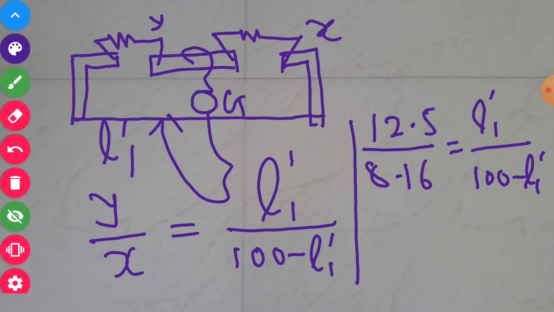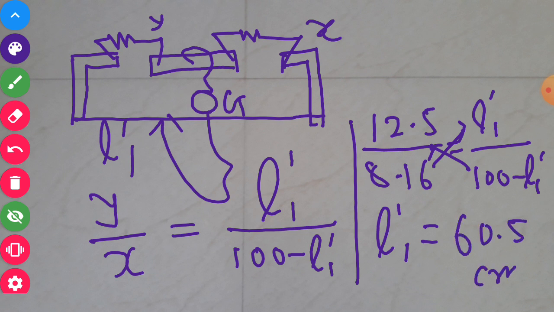Now just cross multiply this and make L1 prime the subject of the formula. You will have the value of L1 prime to be roughly 60.5 centimeter. Very easy calculation: cross multiplication, and then make L1 prime the subject of the formula.